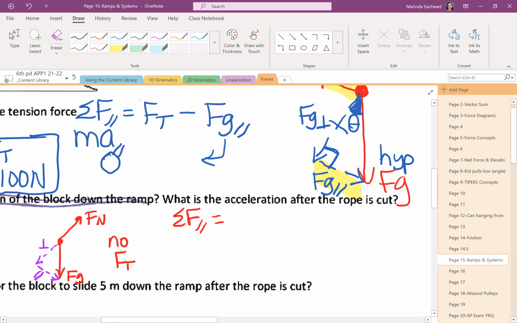And so your parallel and perpendicular component, which one brings it down the ramp? Parallel. And so I'm going to say F net parallel. We sum the forces in the parallel direction. It's just FG parallel.